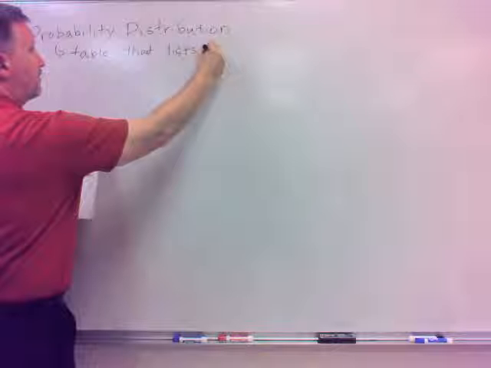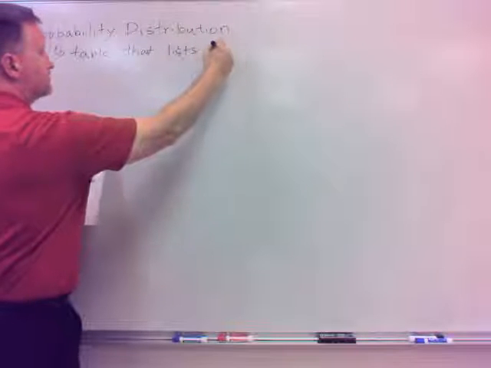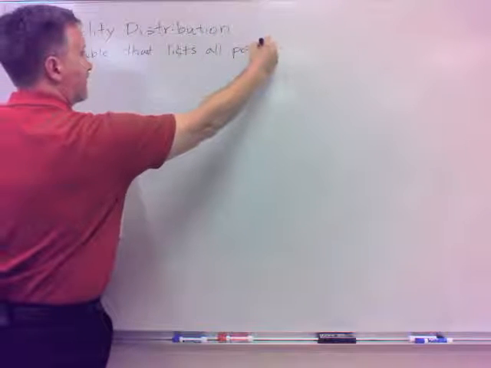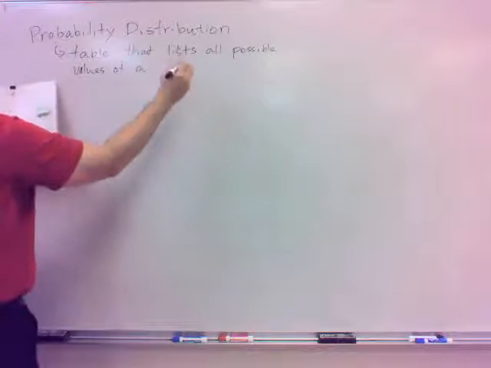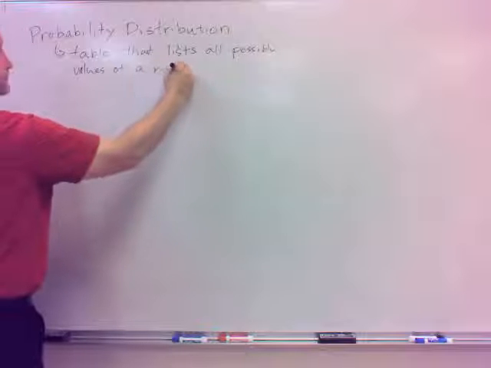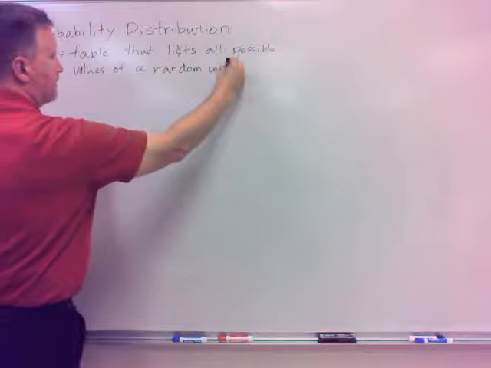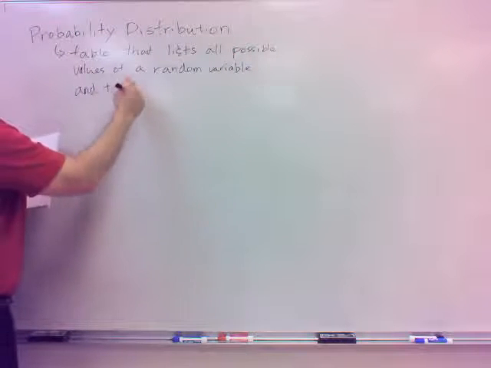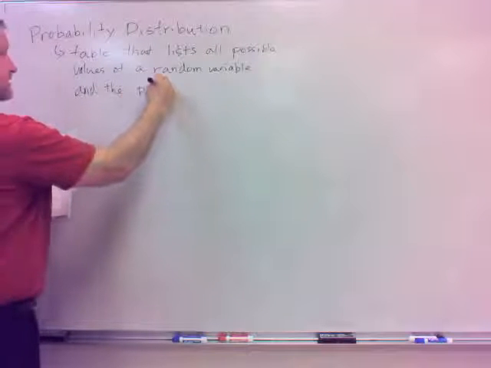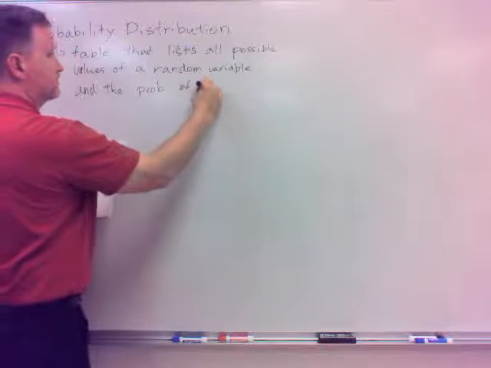What a probability distribution is, it's a table that lists all possible values of what's called a random variable, and it lists all those possible values for a random variable and the probabilities of each of those values.